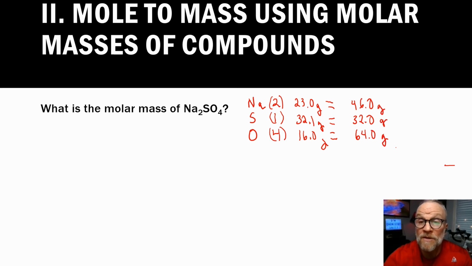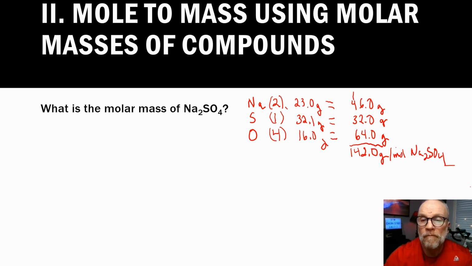The grams per mole is 23, 32, and 16. And so then you add those up. So it'd be 142 grams per mole of Na2SO4. Or the molar mass would be 142.0 grams. I'm double checking my math there. All right, I think we're good.